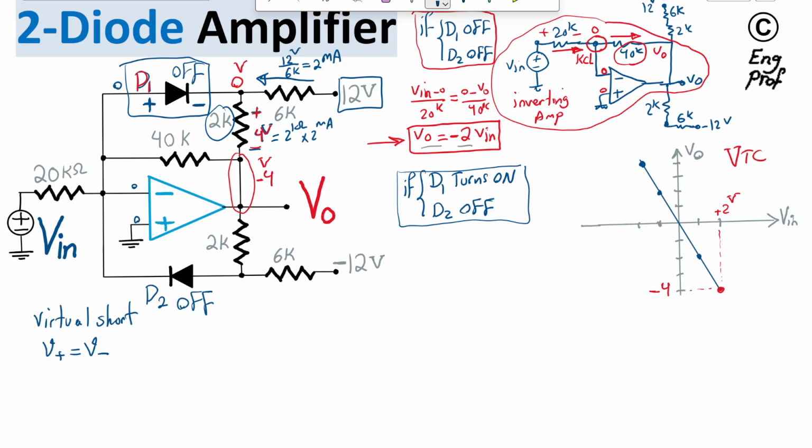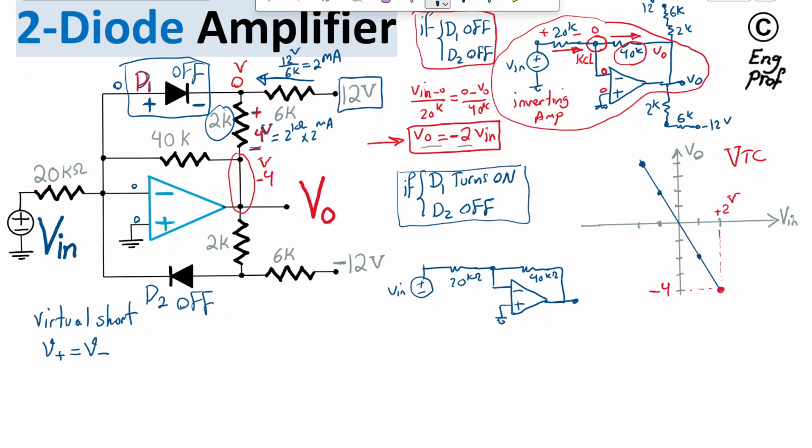The circuit looks like we have Vn going through 20K to the op-amp, which has minus and plus inputs, and then we have the 40K feedback resistor, which is still there. The diode is now on.